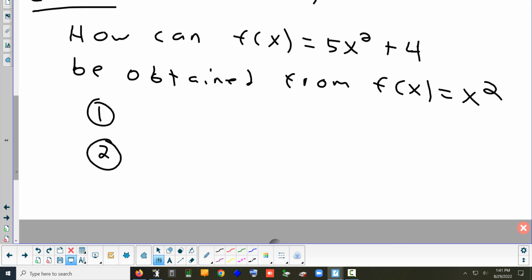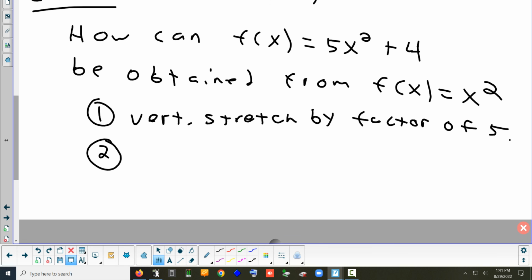Vertical stretch. Do I have a vertical stretch here? Yes. By how much? By a factor of 5. Good. So vertical stretch by a factor of 5. The next thing would be a reflection. Do I have a reflection in this one?